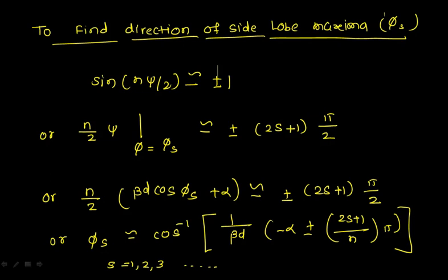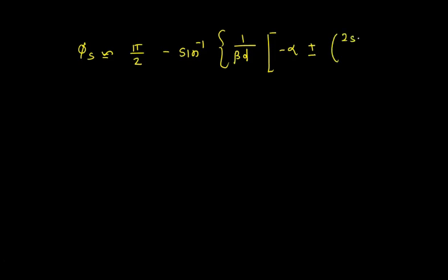Okay, so phi s is approximately equal to pi by 2 minus sine inverse of 1 upon beta d into minus alpha plus minus 2s plus 1 by n into pi. Okay, so this is how you can get the side lobe maximum.